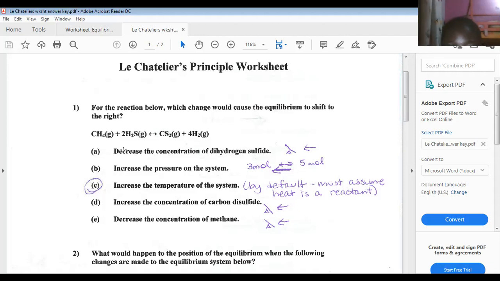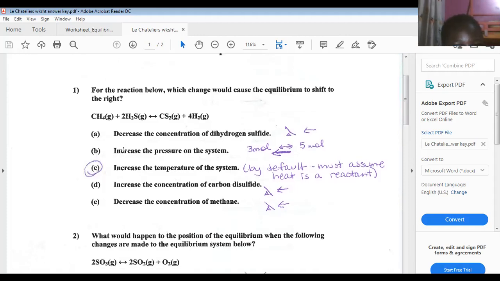Okay, D, increase the concentration. You know which one is carbon disulfide? CS2. So where will equilibrium shift to? To the left. Okay. Decrease the concentration of methane. To the left. Awesome. So almost everything shifted to the left.